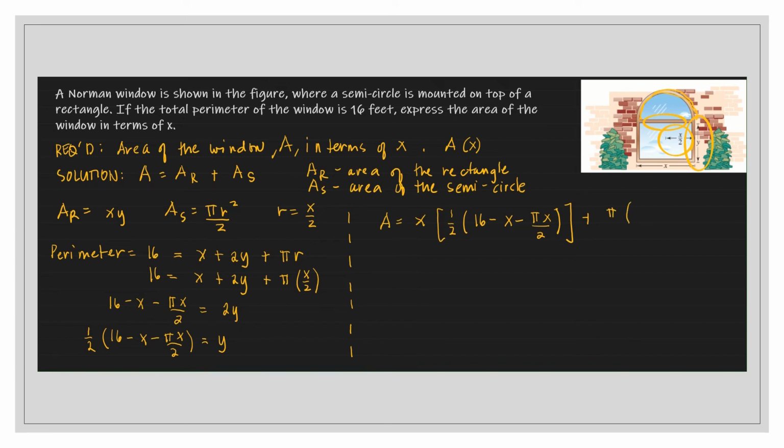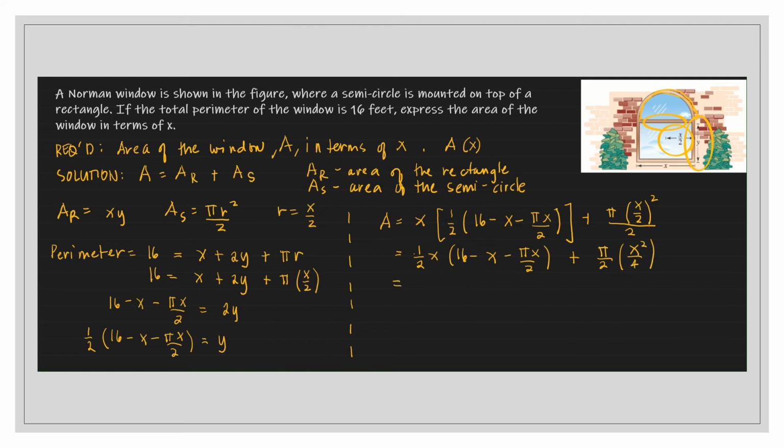However, the radius is x over 2, so we have pi times x over 2 quantity squared, all over 2. So let us simplify this. We have x times 1/2 is 1/2 x, and so we have 1/2 x times 16 minus x minus pi x over 2, plus we have pi over 2, and then x over 2 quantity squared is x squared over 4.